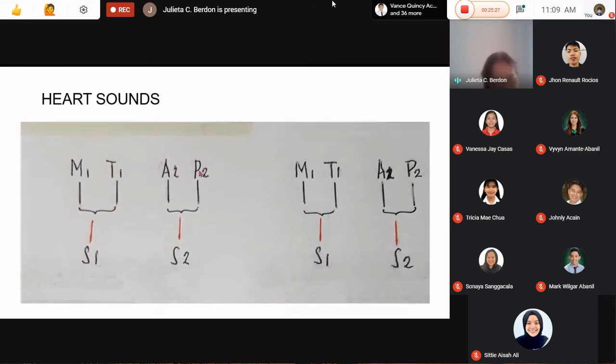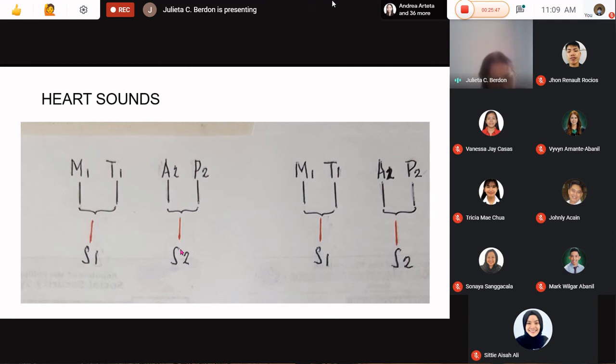Because the gap is less than 20 milliseconds, you hear it as one sound. That's S2. You have the characteristics there. And there is physiologic splitting, meaning it is not abnormal.